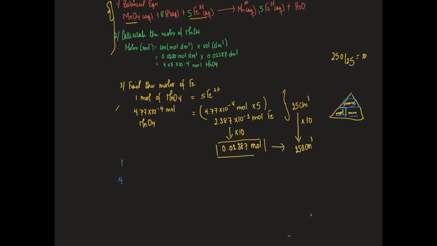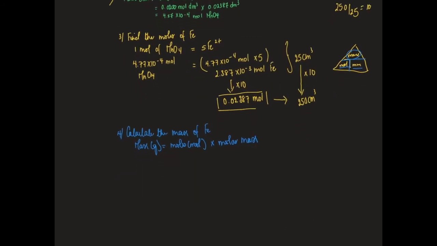So our fourth goal down here, calculate the mass of iron. And we're going to write the equation, which is mass in grams is equal to moles by molar mass.